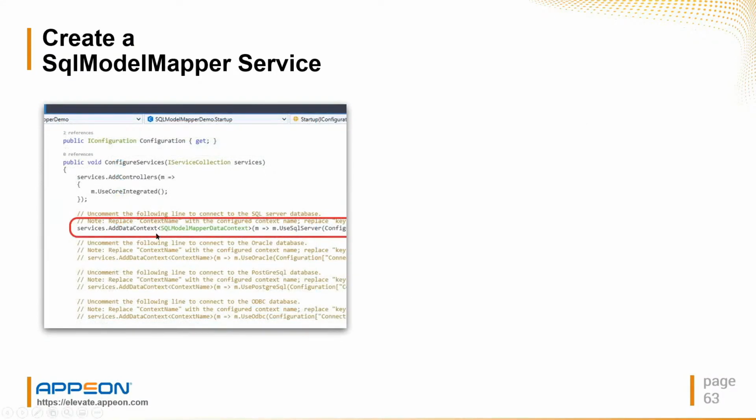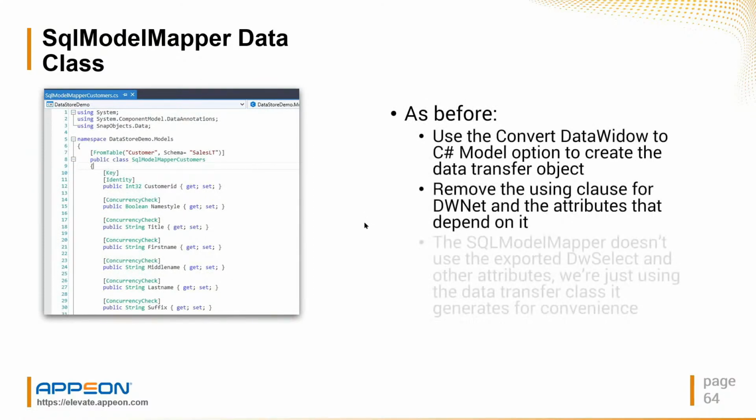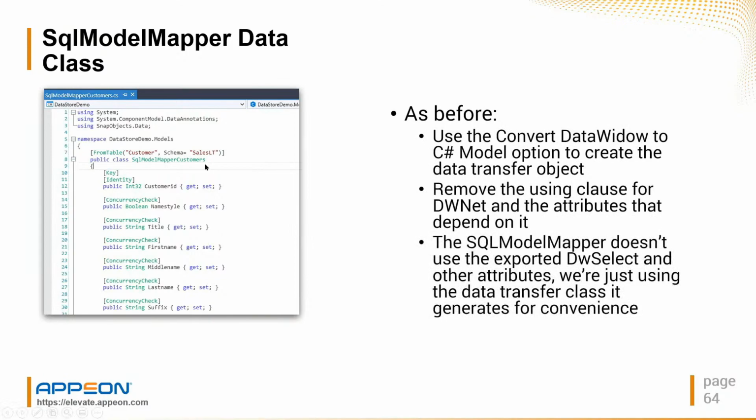Same as before, we need to create the data context and register it in Startup.cs. You can go ahead and use the DataWindow C# converter to create the POCO class. That's a nice quick little shortcut, because what you need is a POCO object, and using the DataWindow converter to create it for you is a nice little hack.